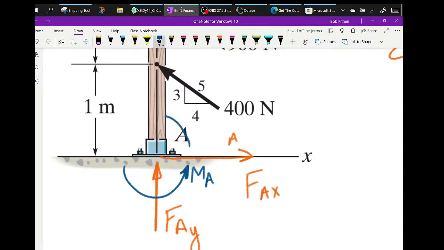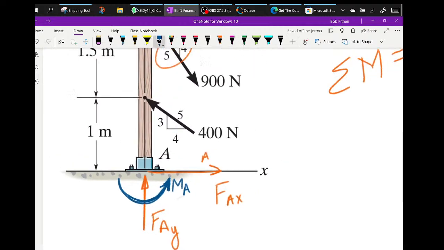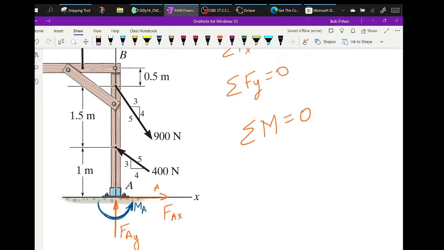Yes, this is equivalent to that, but often you'll see him drawing it in the ground where the moment is actually at. So that's why I'm going to change that. Plus, the other reason is so I can draw these components here.